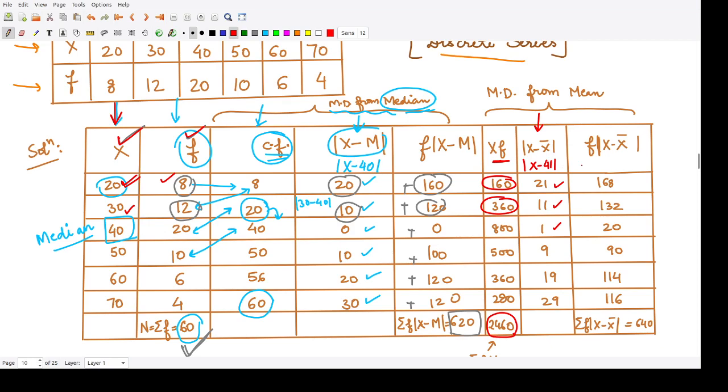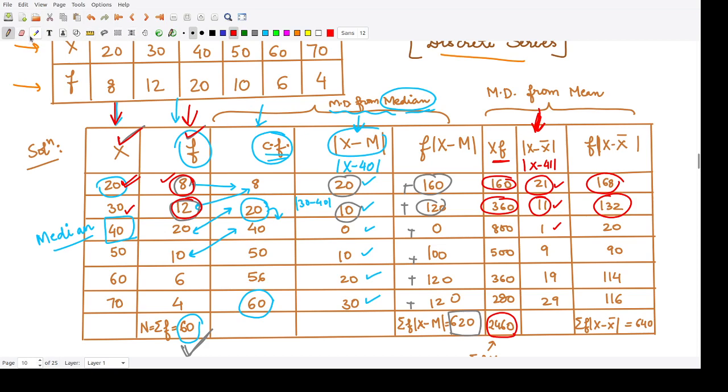Next, you multiply this particular column with the corresponding frequencies. You multiply this one with this one. So you have 8 multiplied by 21, that is 168. Then you have 12 multiplied by 11, that is 132, and so on.